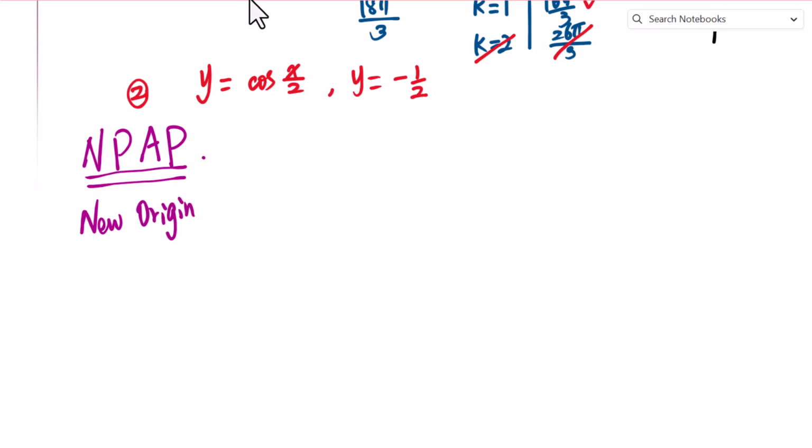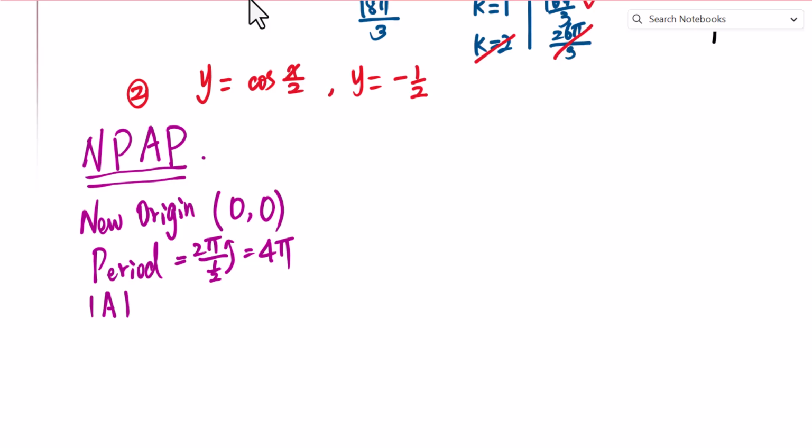For y equals cosine x over 2, since there is no horizontal or vertical translation, the new origin is still 0, 0. Period equals 2 pi over the coefficient of x, which is 1 over 2. We got 4 pi. A means amplitude. It's 1.